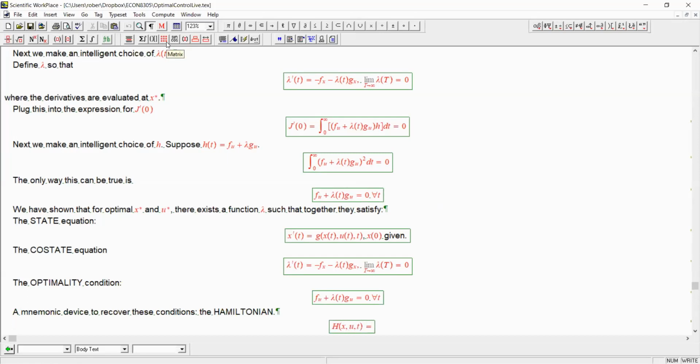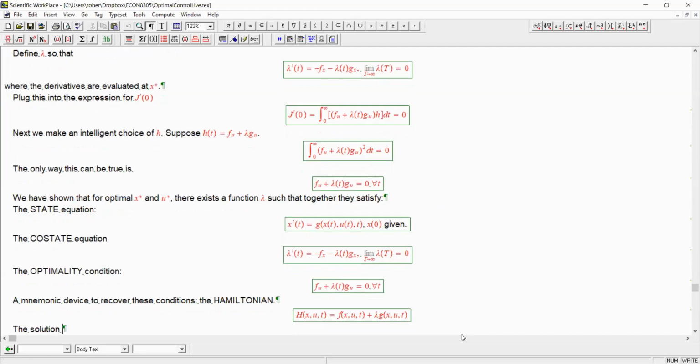And it is the objective function, f(x, u, t), or rather the instantaneous integrand in our objective function, plus lambda g. And the solution to our maximization problem necessarily satisfies these conditions.